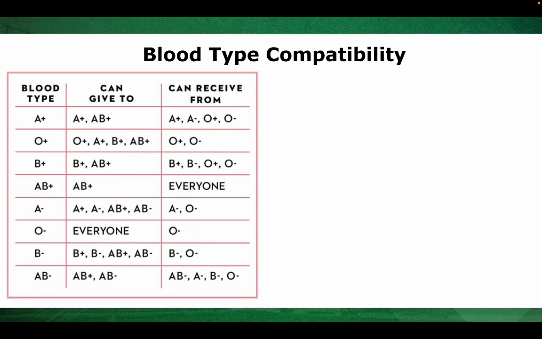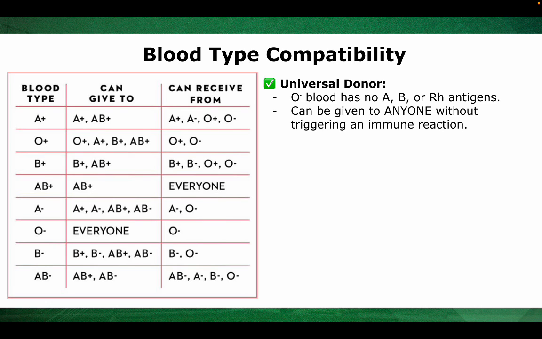Rh negative people can only get Rh negative blood, but Rh positive people can get both Rh positive and Rh negative. We call type O negative the universal donor. It can give to everyone because it has no A, B, or Rh antigens, so there's no risk of reaction in any recipient.